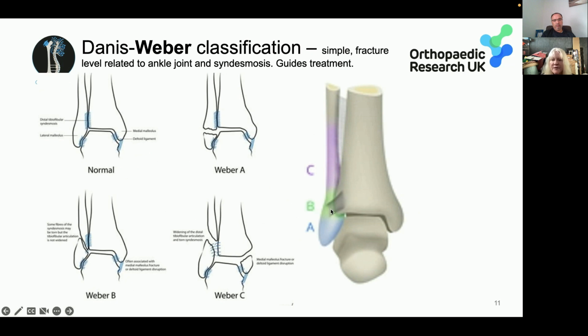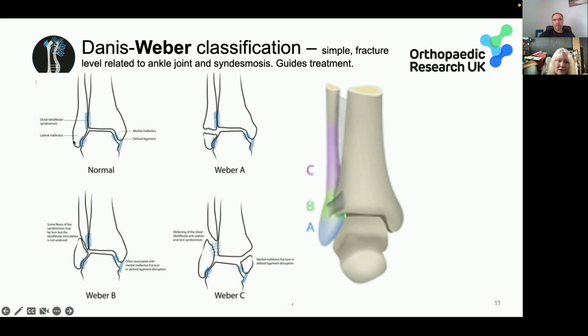Here's the syndesmosis, and the rule is below the syndesmosis is an A. At the level of the syndesmosis is a B, and above the level of the syndesmosis is a C. Now, when we say the level of the fracture, what we mean is the most distal part of the fracture. So if you've got a fracture line that's starting up here, but it comes down to here, that would be a B. All right.